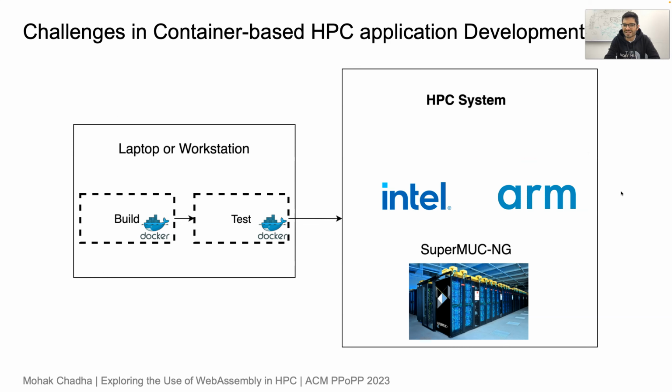Additionally, most scientific application container images range from several megabytes to gigabytes, and frequent network transfers from your laptop to the HPC system can be quite cumbersome. Also, most applications require special networking libraries or compiler licenses, such as ICC, which are only present on the HPC system.